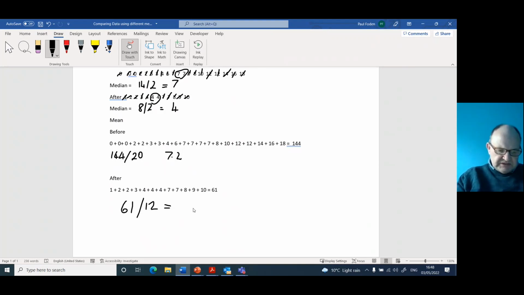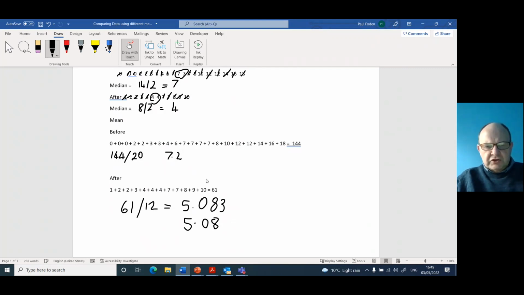We come up with 61 divided by 12, which equals 5.08, and it's 3 after that. So we're going to just round it to the nearest 2 decimal places, 5.08. And then we can conclude that before it was 7.2, now it's 5.08.